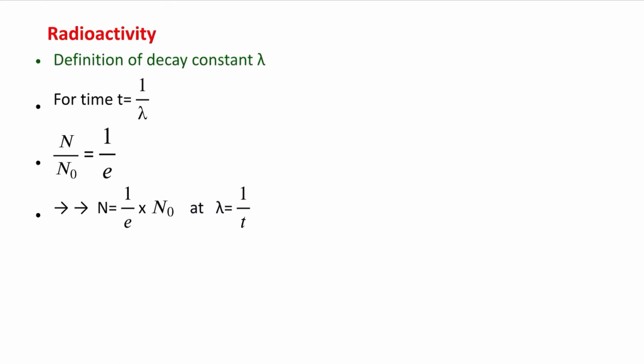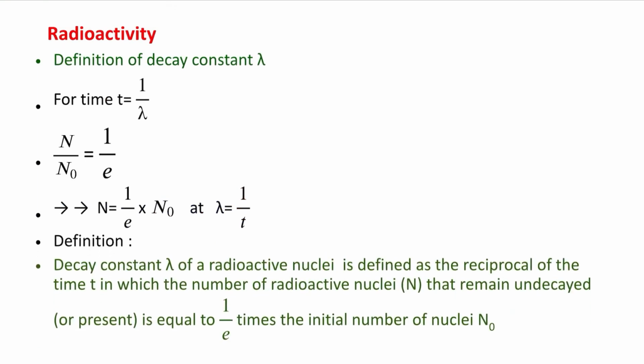So I can make a rearrangement of terms. This t is equal to 1 by lambda, I can write it as lambda is equal to 1 by t. And when lambda is equal to 1 by t, N, the total number of nuclei that remain undecayed, that is capital N, is equal to 1 by e times the initial number of nuclei N0.